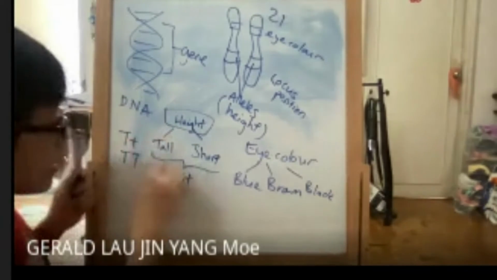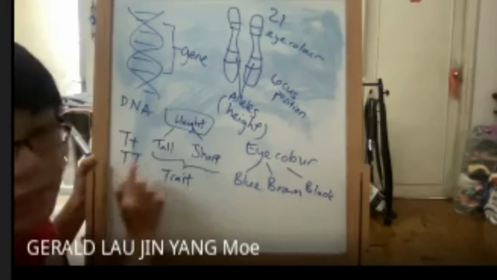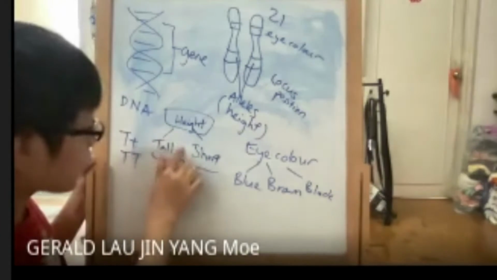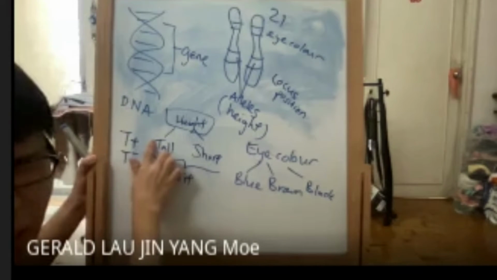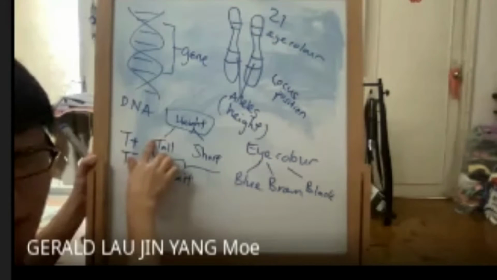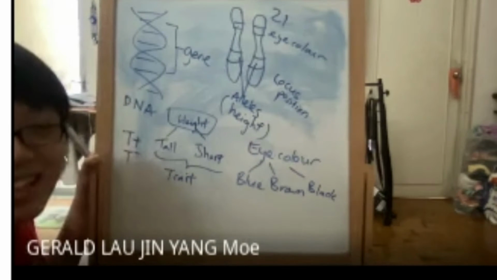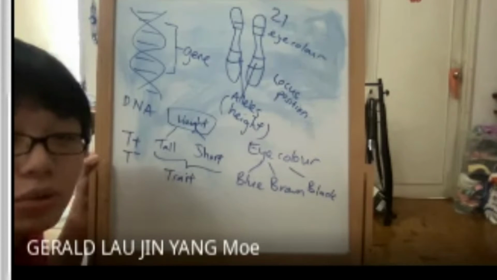This is genotype. It means you will have your two alleles. This we call genotype. Don't confuse. This is phenotype, this is genotype. Can you understand? Okay, should be easy. What's the next one? Textbook you can go by yourself.